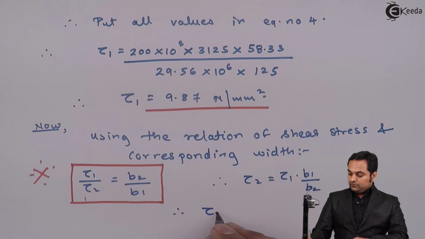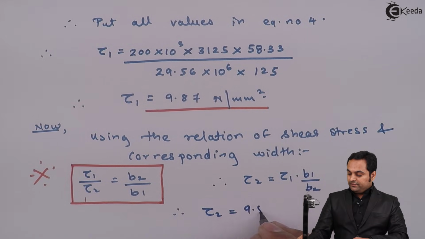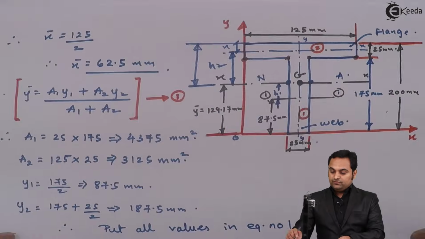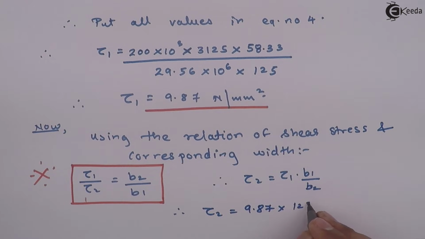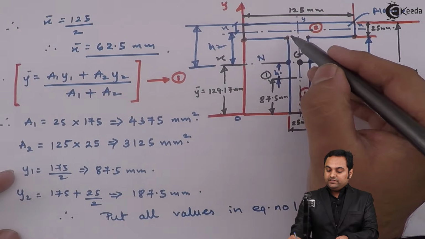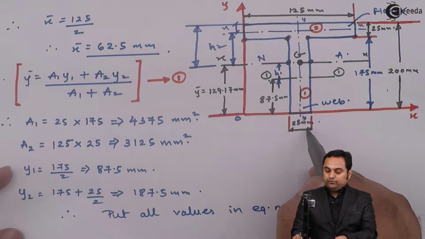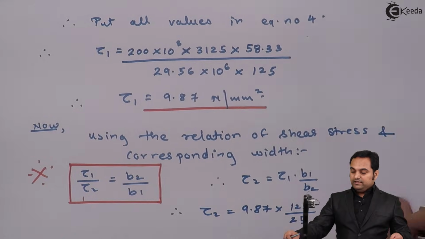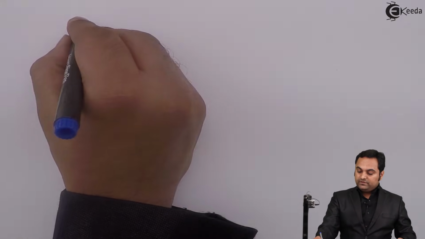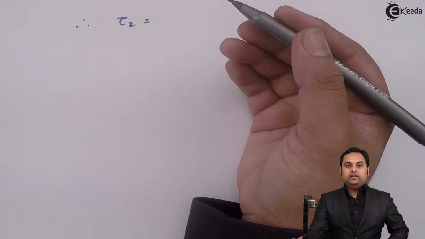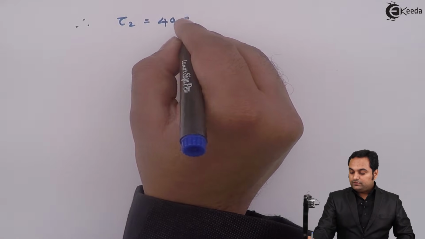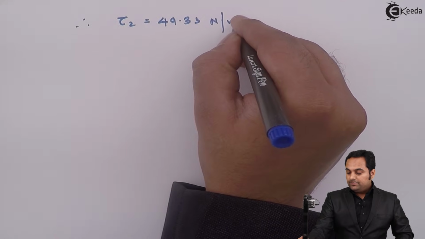So tau 1 is 9.87, b1 is the initial width which was 125, b2 is the width at the junction, which is nothing but the width of web, 25. From this I'll get tau 2, and tau 2 value comes out to be 49.33 Newton per mm square.